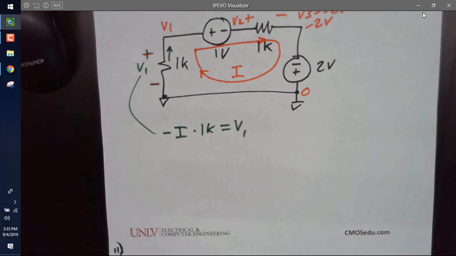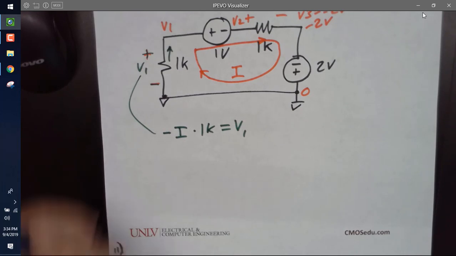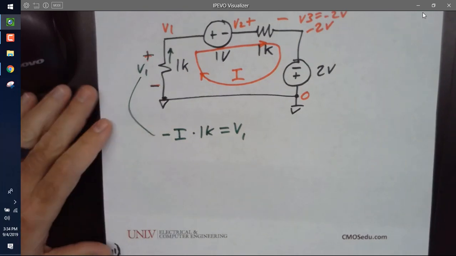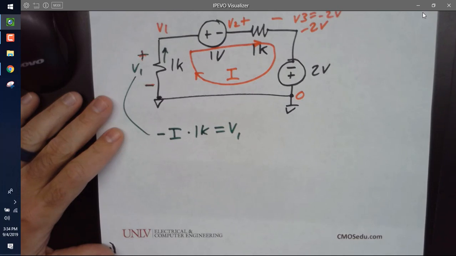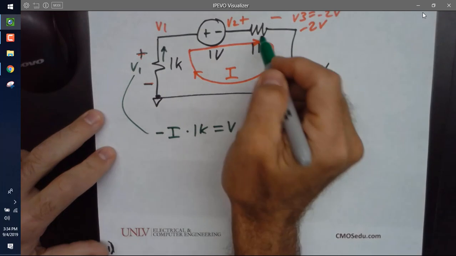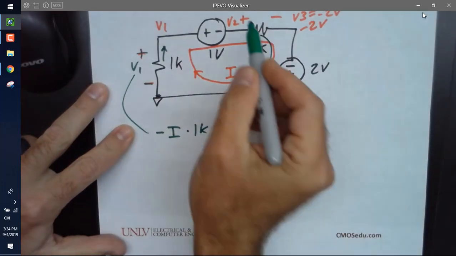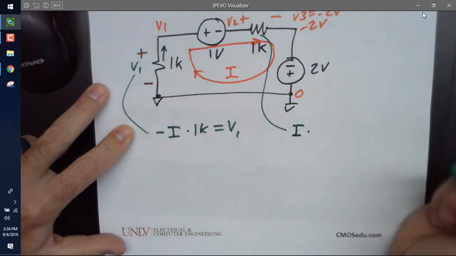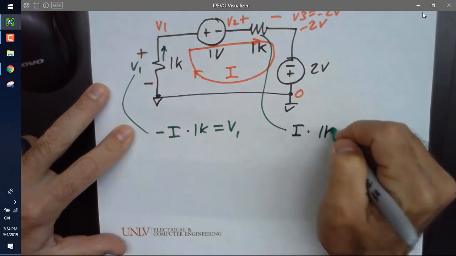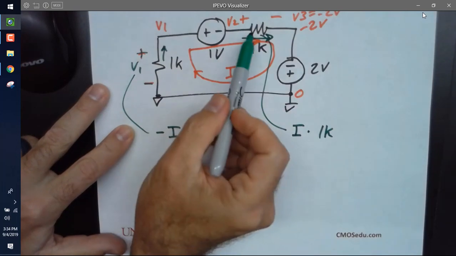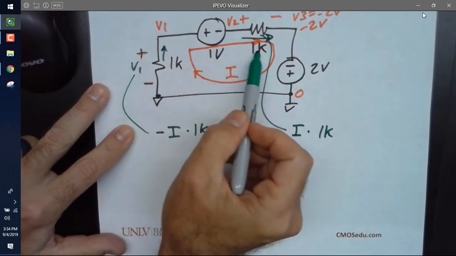Okay, so tell me what now to do. What's the next thing I can do? We're running out of time. I can write the voltage across here as I times 1K, because the current's going like this, and I simply use Ohm's law: this 1K resistor times the current flowing in the circuit.